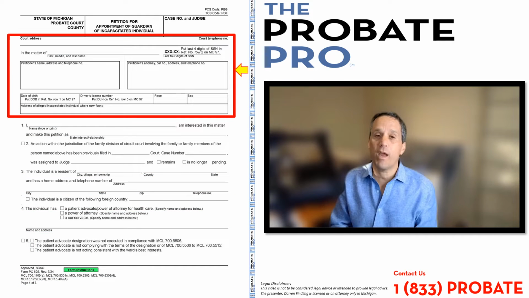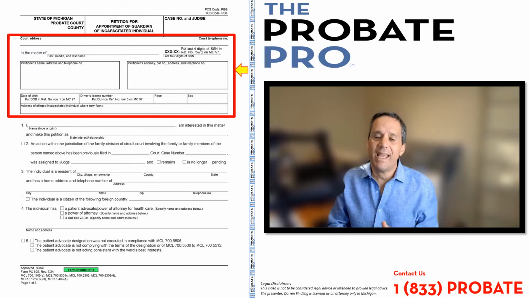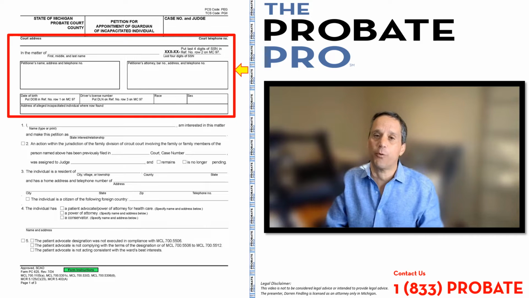As we work our way through it, you'll see the court address and phone number, and then in the matter of. That is the name of the person upon which you're seeking the appointment of guardian over. In addition, you'll see in the top right corner, there's a spot for the last four digits of the Social Security number of that individual. It references using a form MC 97.